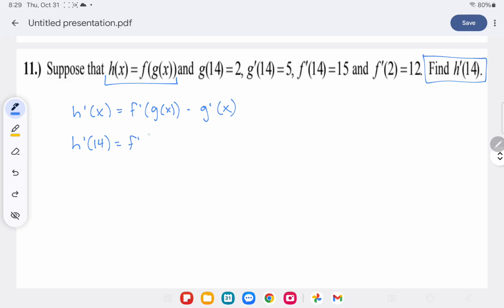So I'm going to take f prime of g of 14 times g prime of 14. Or in other words, g of 14 is 2, so f prime of 2 times g prime of 14, I can go ahead and figure out what that is. That's 5. So f prime of 2, working our way out, is 12 times 5. Our answer would be 60.